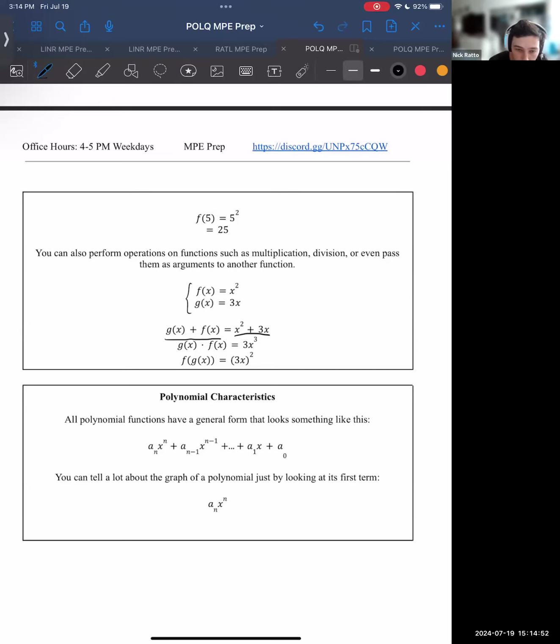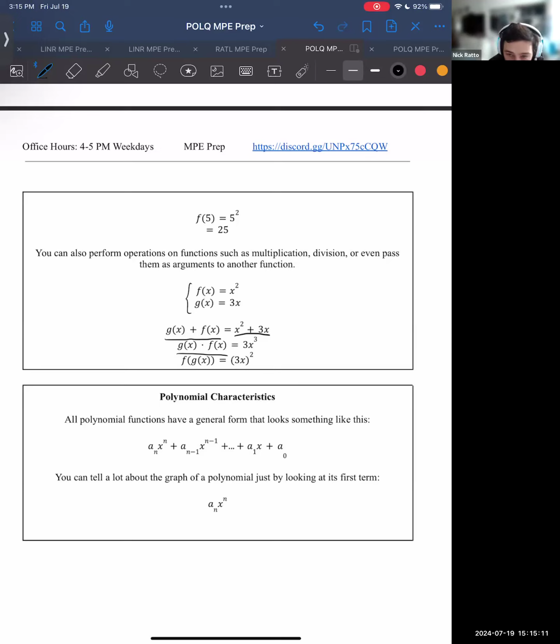If g of x was sine of x, same thing. We're just adding the functions together. Same thing with multiplying. Here g times f would be the same thing as 3x times x squared. So multiplying those functions gives us 3x cubed.